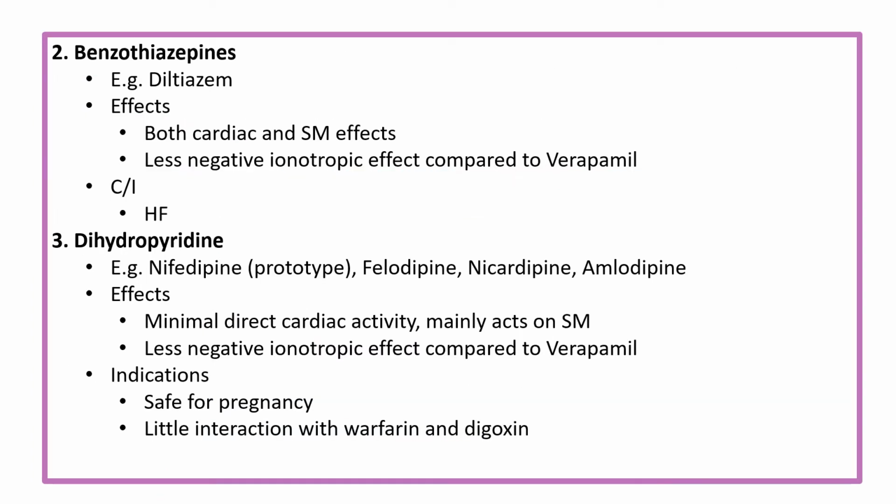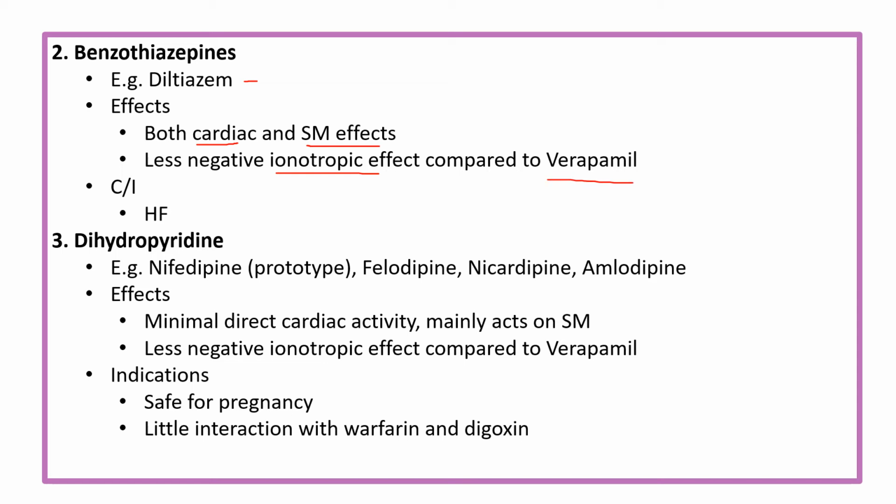The second class of calcium channel blockers are the benzodiazepines. An example is diltiazem. Diltiazem affects both the myocardium and the smooth muscles of the vessels. However, it has less negative inotropic effect compared to verapamil.